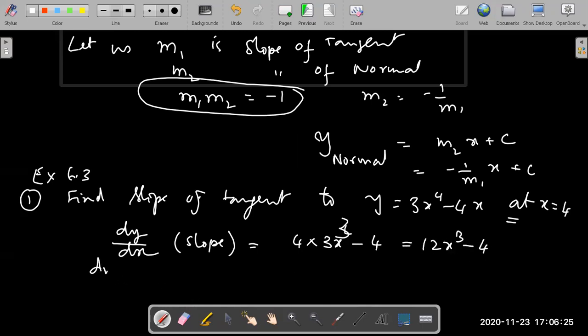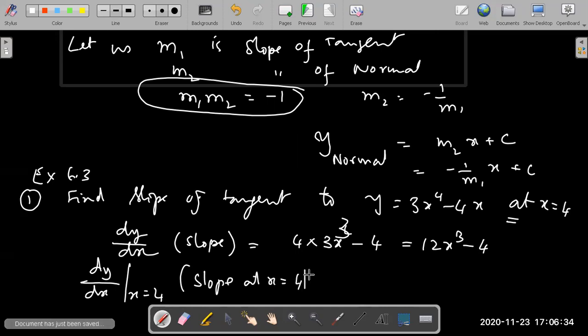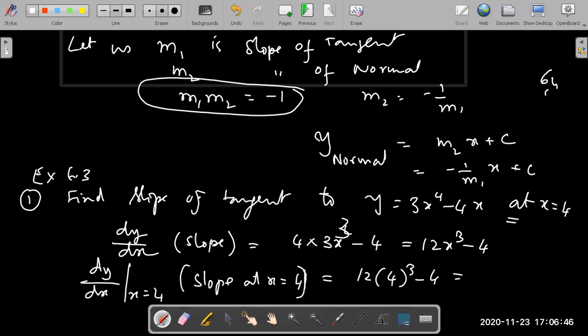So we write now dy by dx at x equal to 4, or slope at x equal to 4, equal to, substituting 4, 12 into 4 cube minus 4. This is 64 multiplied by 12. 12 4s are 48, 12 6s are 72 plus 4, 768. 768 minus 4, so 764. That's the answer.